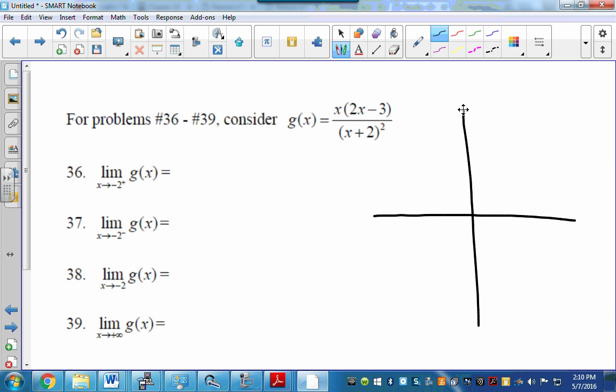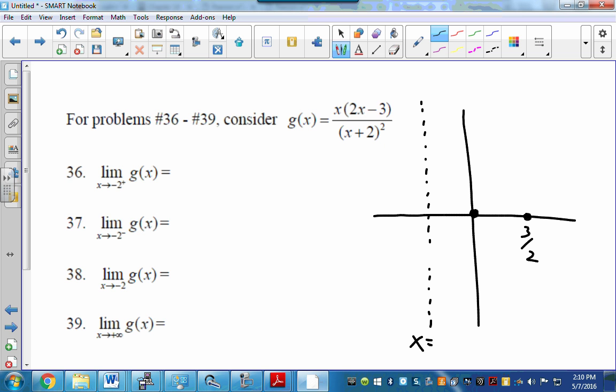Are there any zeros on this function? Well, first of all, there's nothing that cancels, so I have no holes. I do have a zero at 0, and I have a zero at 3/2. These are the zeros of the function. And now I have a pole at -2.